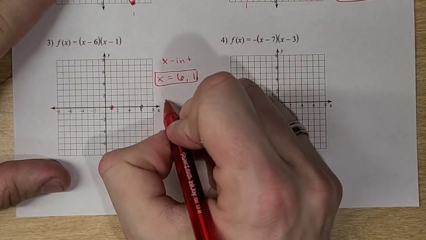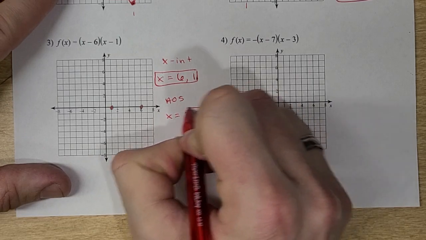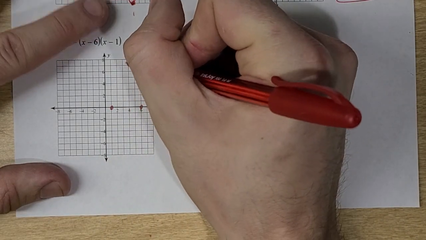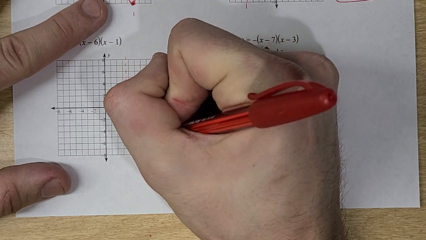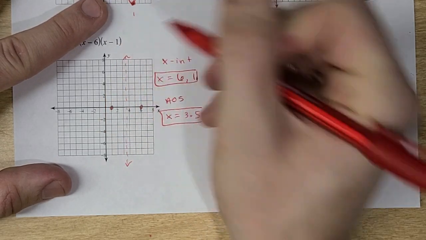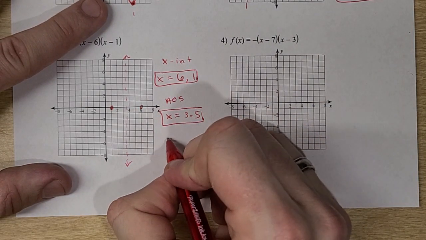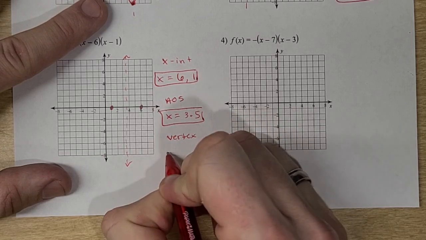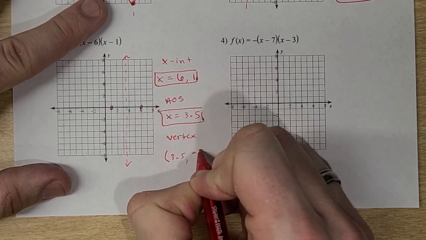All right, let's put what we know on here. We found our axis of symmetry was x equals 3.5. You'll notice the axis of symmetry is not on a perfect spot. It's actually going to be in the middle of a box, but that's okay. And then we found our vertex is 3.5 comma negative 6.25.